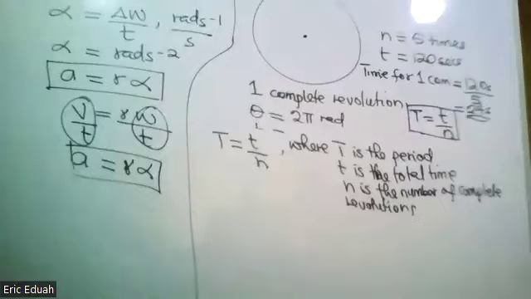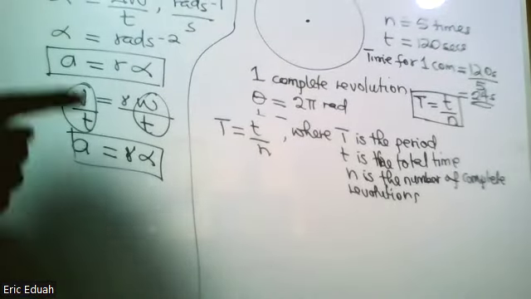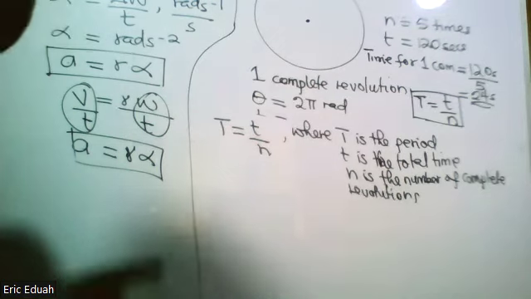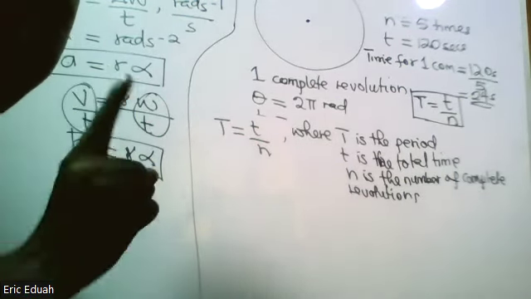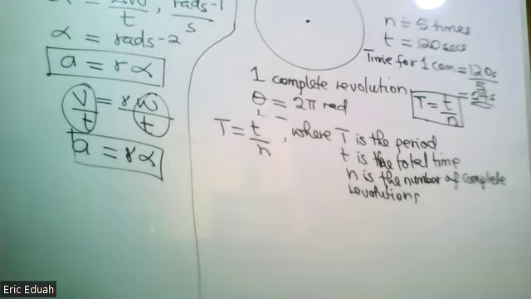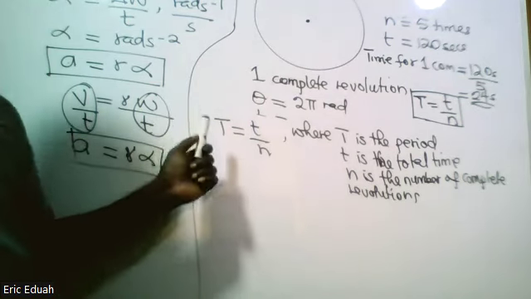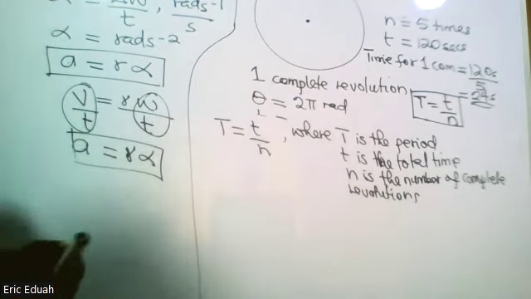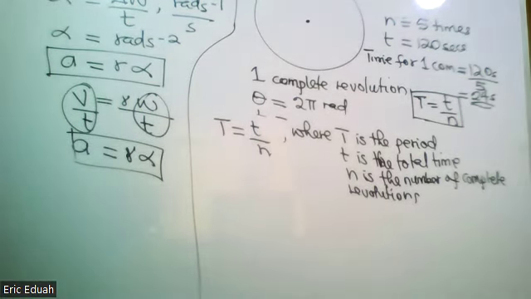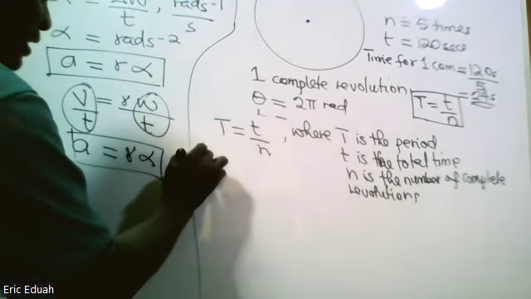T is period, because it is also time. The only difference is that this is a specific time to make 1 complete revolution. Is that okay? So the SI unit of period is seconds.